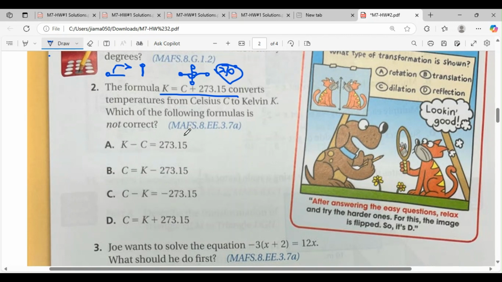Which of the following formulas is not correct?